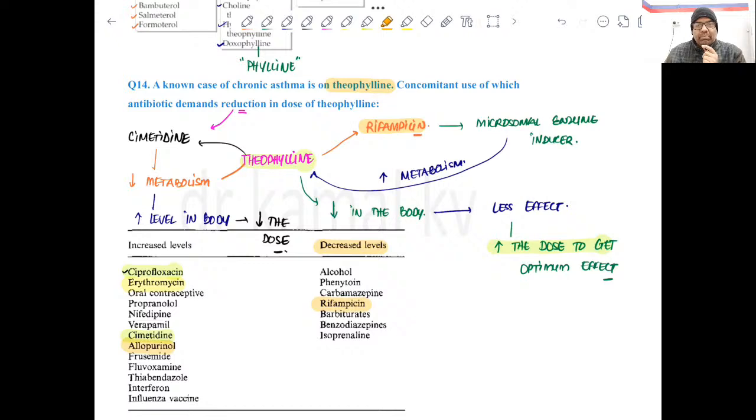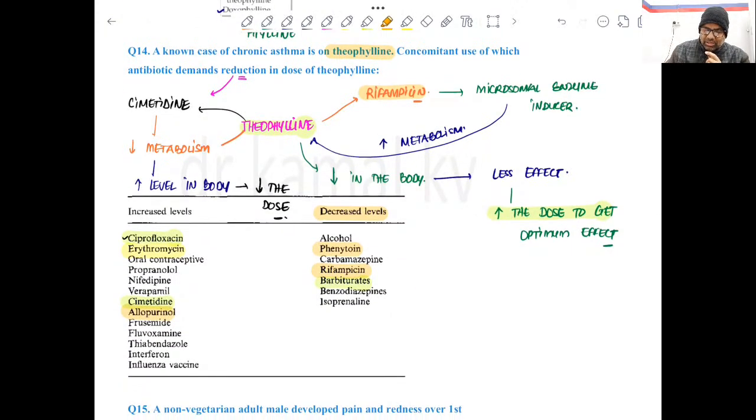And the ones which will promote metabolism include rifampicin, barbiturates, clear? And phenytoin as well. So certain drugs will decrease the level, so we have to increase the dose. Certain drugs, if given along with theophylline, will increase the level, so we have to decrease the dose. Is that clear? So please remember this. These are two separate groups of drugs, and therefore the effect on theophylline is different.